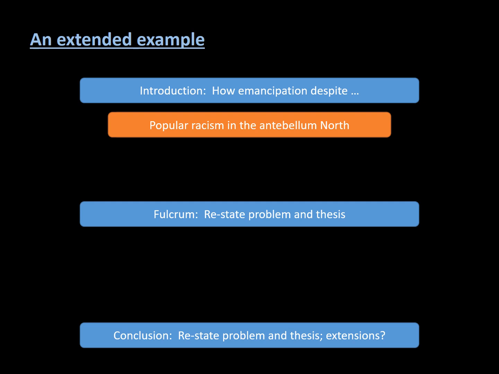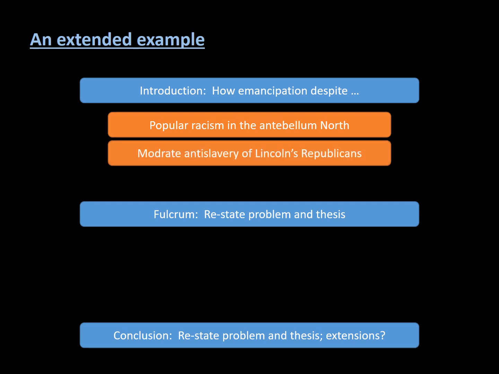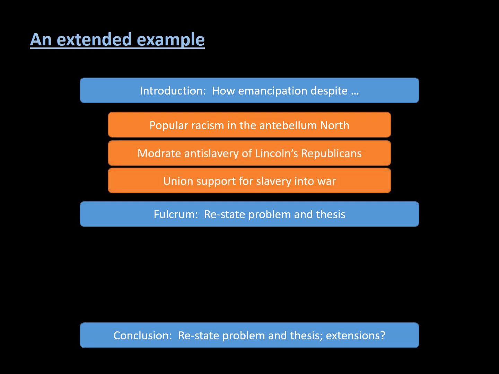So following our introduction, now we're going to have our 3 problem premises. These are all things. And remember, our question is, how is it that we got to emancipation? How do we get to a place where we freed 4 million slaves? And this early part is showing us how hard that question is, right?